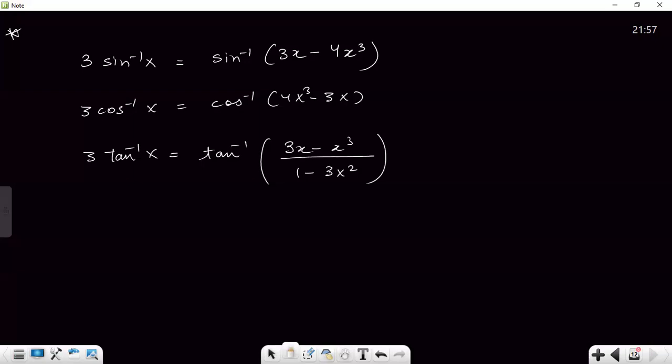Tan 3 theta was what? Tan 3 theta is equal to 3 tan theta minus tan cube theta divided by 1 minus 3 tan square theta.